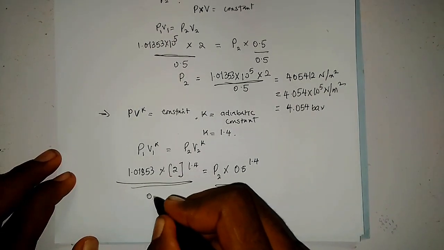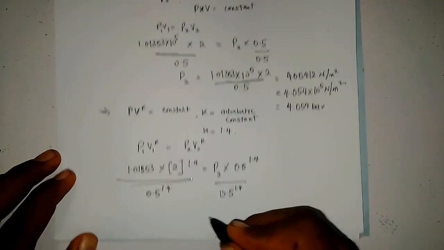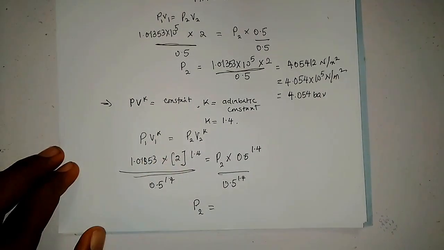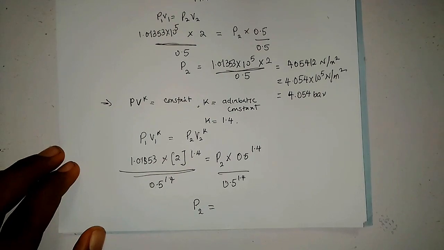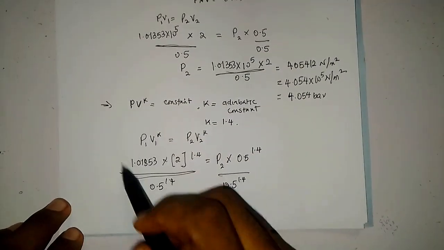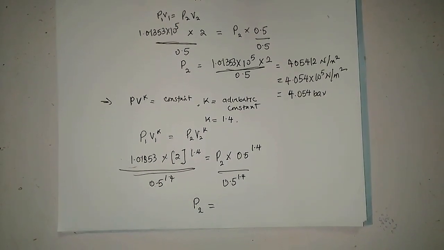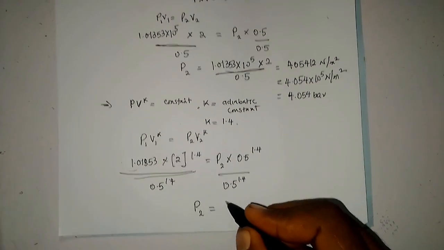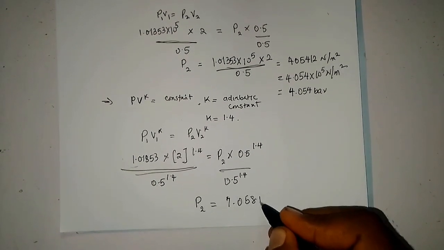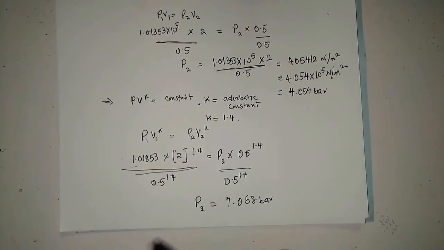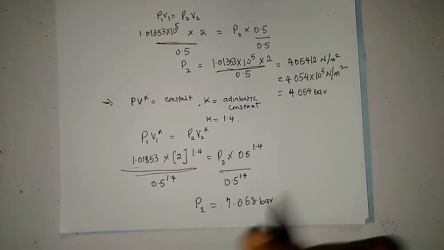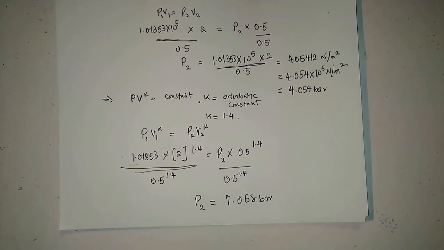Dividing both sides by 0.5 raised to power 1.4, my final pressure, solving this, is 7.058 bar. So our final pressure is 7.058 bar.